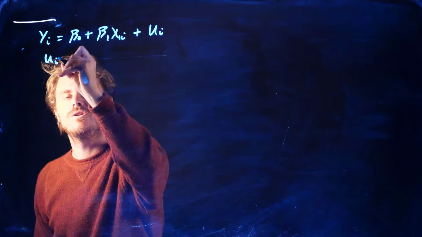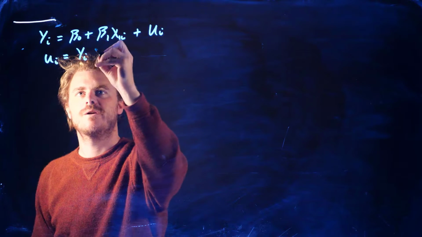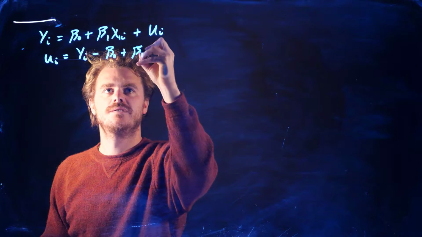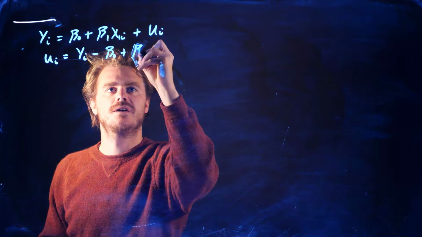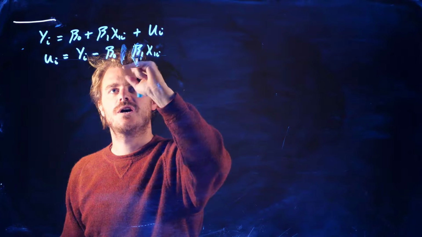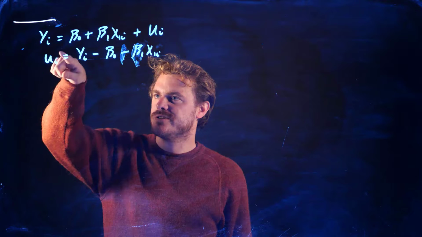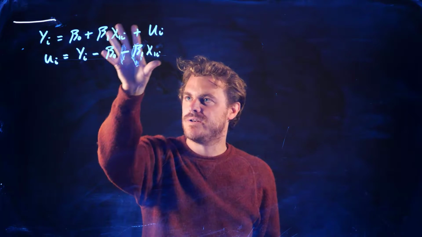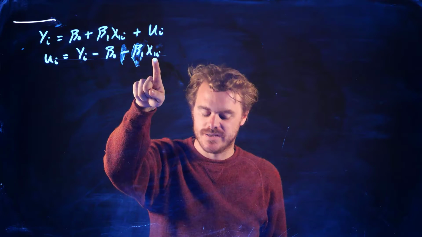So think about ui, the error term here, being the difference between these observed values, and then we're subtracting beta 0 and beta 1 times x1i. This should obviously be a minus if we don't have it in brackets.